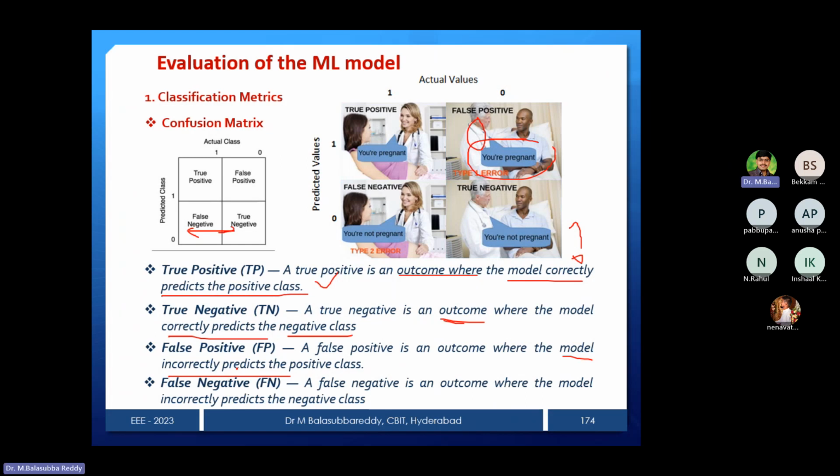And false negative is an outcome where the model incorrectly predicted the negative class. Incorrectly predicted means it is a wrong answer. So these are the four parts of the confusion matrix, actual class and predicted class.